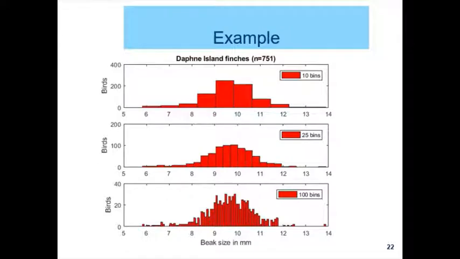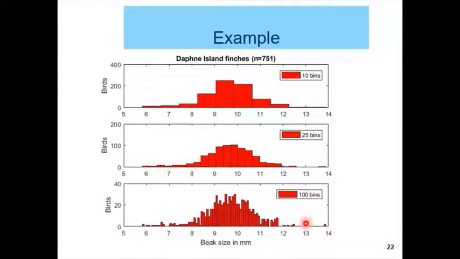To understand it better, here's an example. We are seeing different histogram plots of the same data. What is the difference here? The only difference is the number of bins. When the number of bins is 10, the plot looks like this. When the number of bins is 25, the plot looks like that.